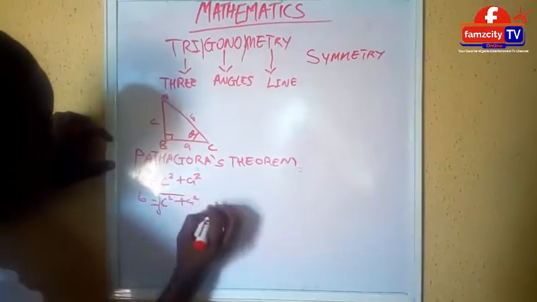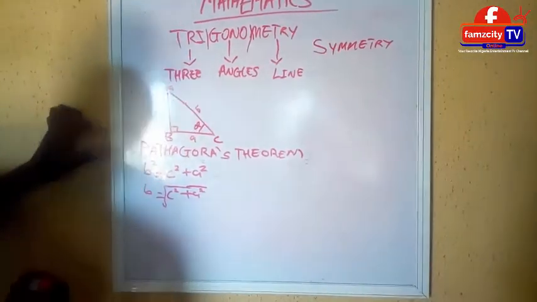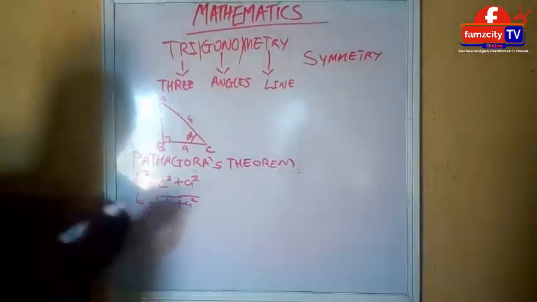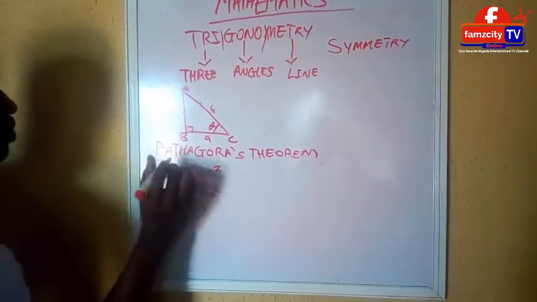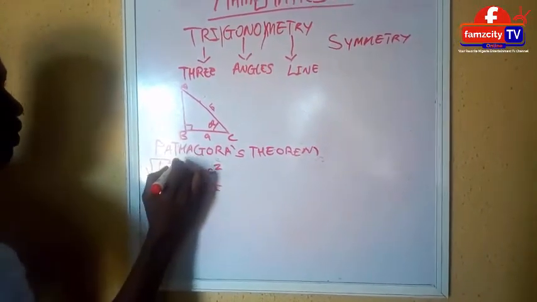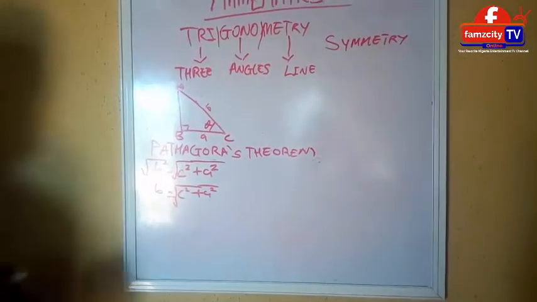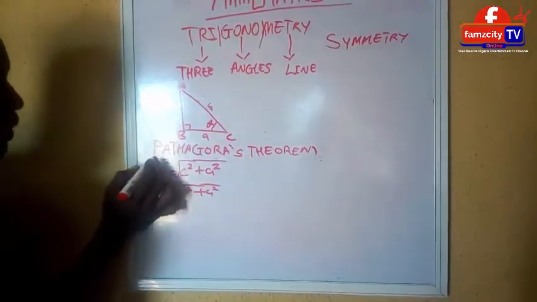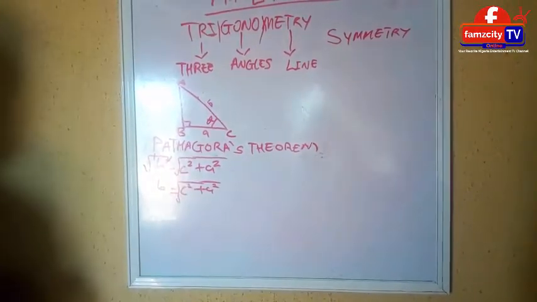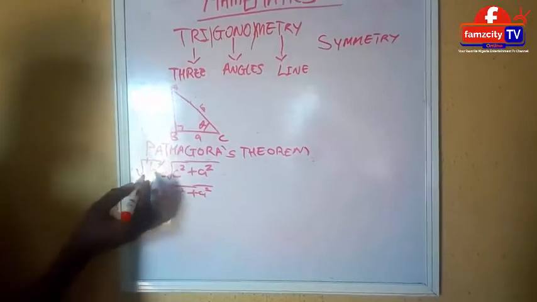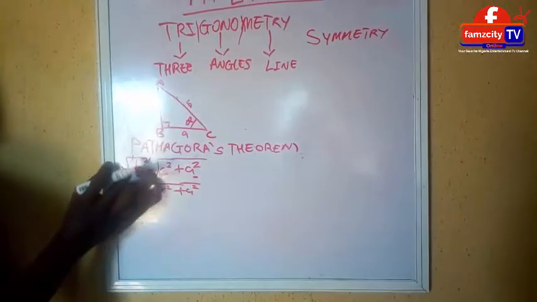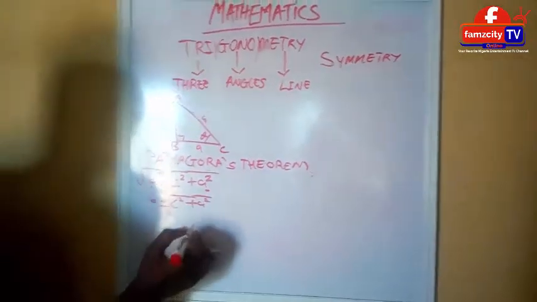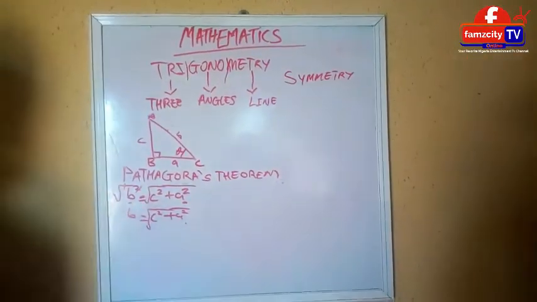Because why we did something like this is that to remove a square in any equation, we take a square root. Anything we do for this side, we do for the other side. That's why we have this for b.